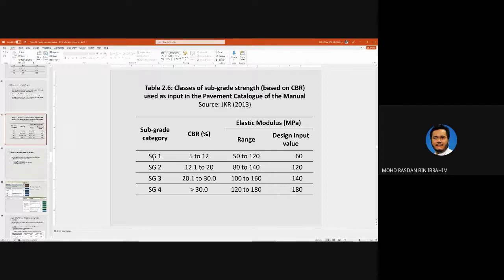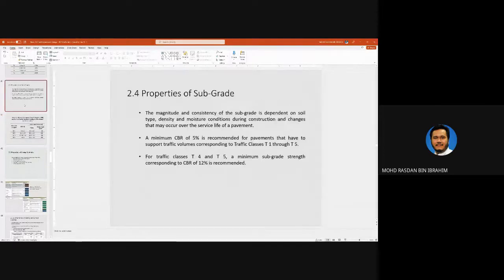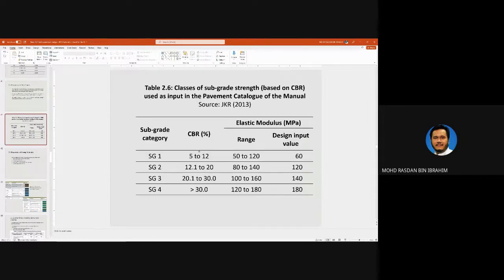Oh, one thing I forgot to mention to you. There is a formula actually to estimate the CBR value from the properties of the subgrade that has been given. That formula will also be given. So when you have got the CBR value, then you can get the subgrade category.